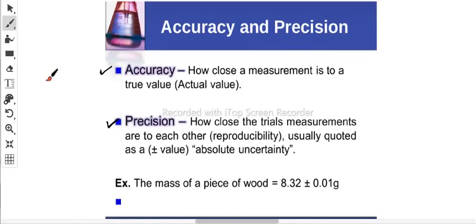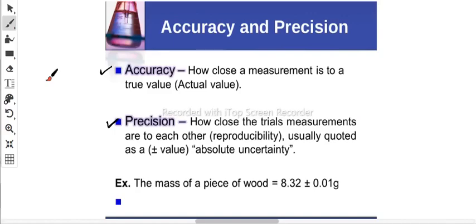Starting with accuracy, it is how close a measurement is to a true value or to an actual value. For example, if you are inside the lab going to measure the boiling point of something, you have an actual value to compare with.